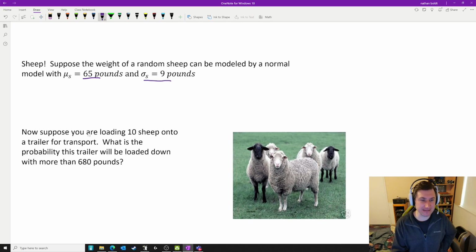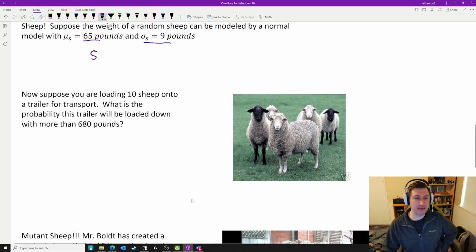That's my random variable s for sheep. Now suppose you are loading 10 sheep onto a trailer for transport. What is the probability that this trailer will be loaded down with more than 680 pounds? Let's call this T for a trailer of sheep.